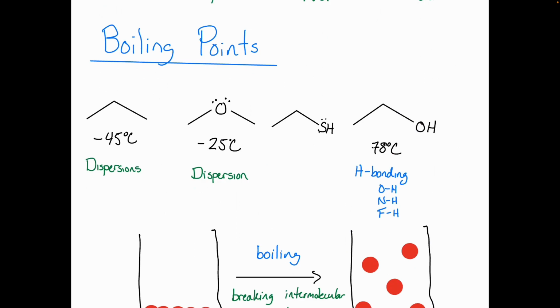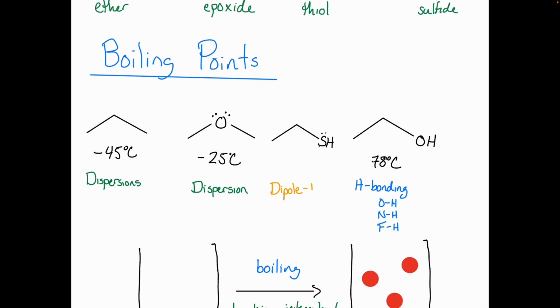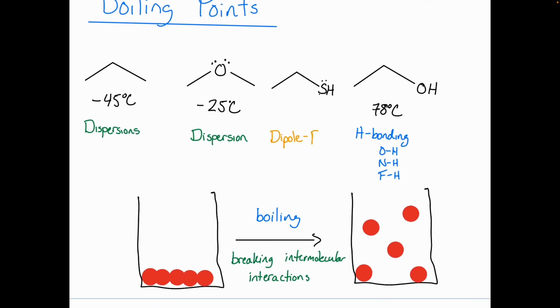Okay, hydrogen bonding is just a type of dipole-dipole interaction, but it kind of gets its own name because if you're one of these three bonds here, you form really, really, really strong dipole-dipole interactions. If it's not on that list, OH, NH, or FH, this would just dipole-dipole interact. So it's still considered to be polar. All right.